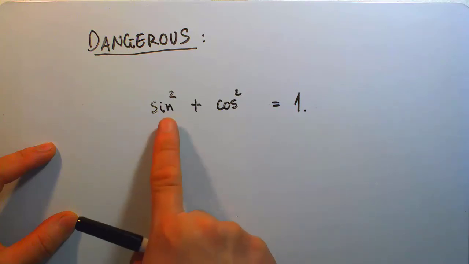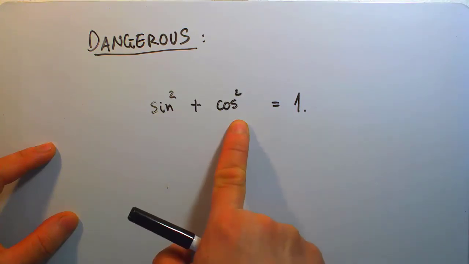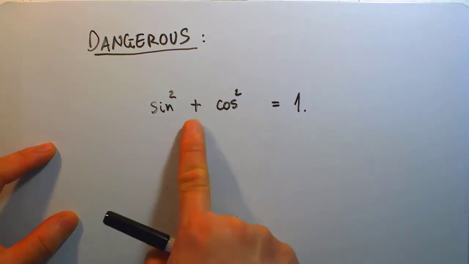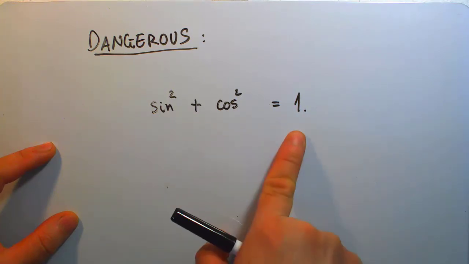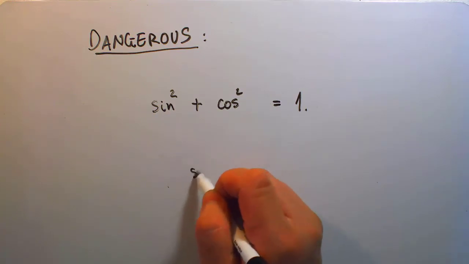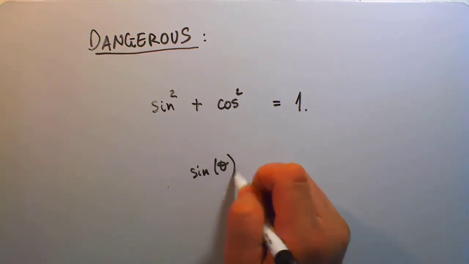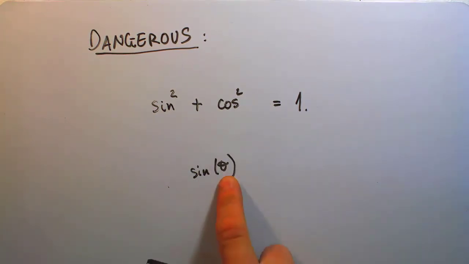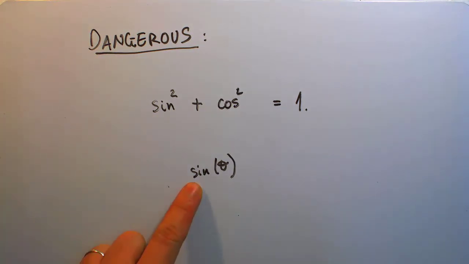So writing sine square makes no sense, and cosine square makes no sense. And the worst is adding these two squares to make them equal 1. It's completely meaningless, because sine needs to always come with an angle indicator. You can use an x or a y or a theta, whatever your variable's name, but you have to have an angle indication in there. Otherwise your sine function is not going to work.